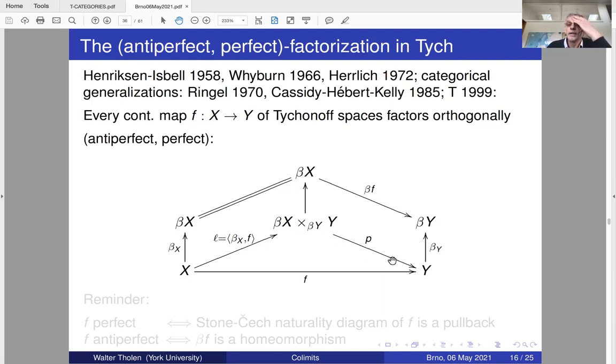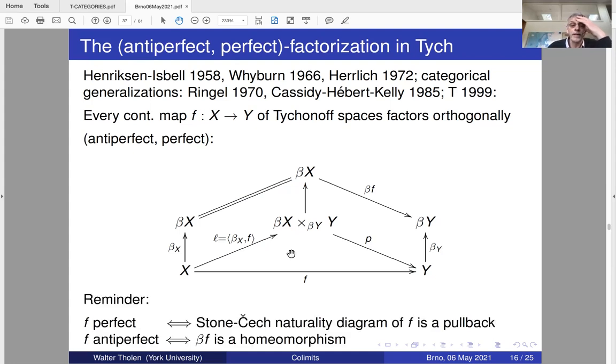Now, clearly, this map is perfect because any map between compact Hausdorff spaces is perfect. And the only burden now is to show that the induced map that you have here is really the other part that you need for the factorization.